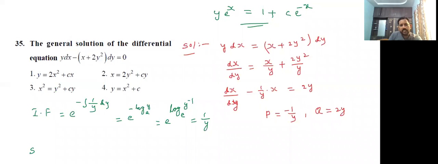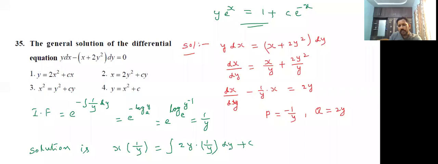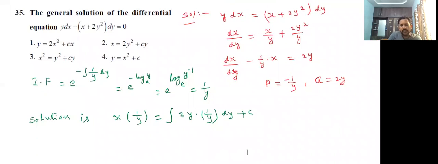Now the solution is, how to write the solution, students? Solution is x into integrating factor 1 by y is equal to integration Q, 2y, into integrating factor 1 by y, dy plus c. Now what is the final answer, students?